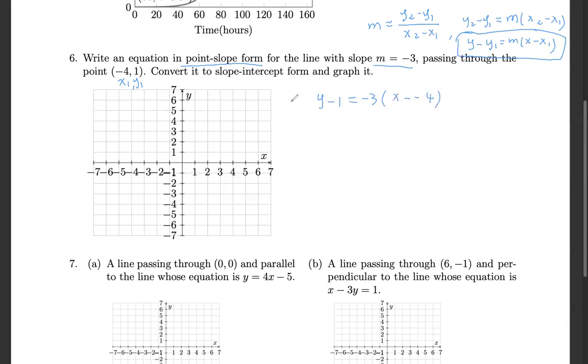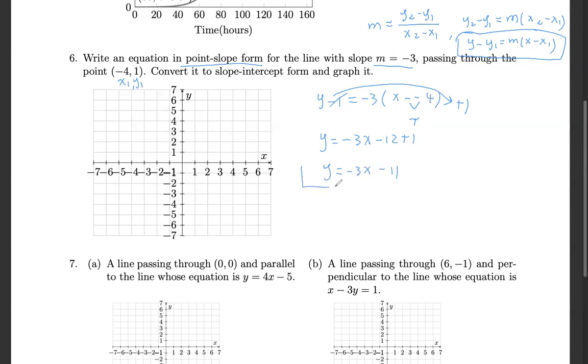Minus negative becomes plus. So y equals, moving the 1 to the other side, -3 times x plus 4, which is -3x minus 12, plus 1. Simplifying -12 and 1, we get -11.